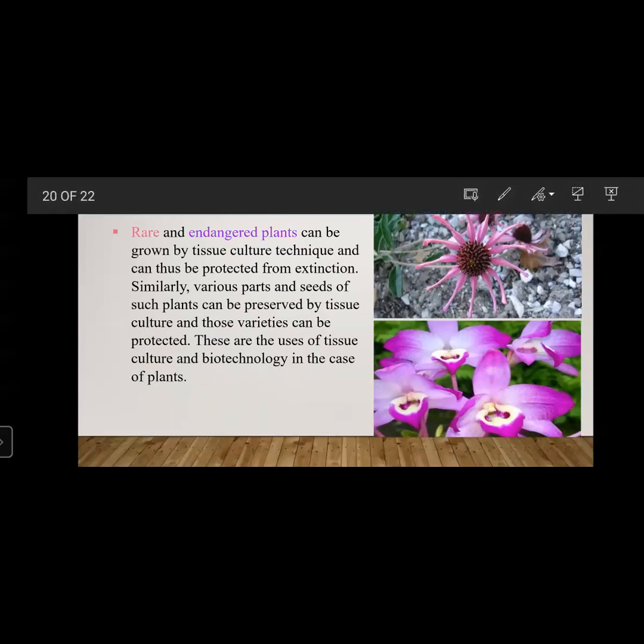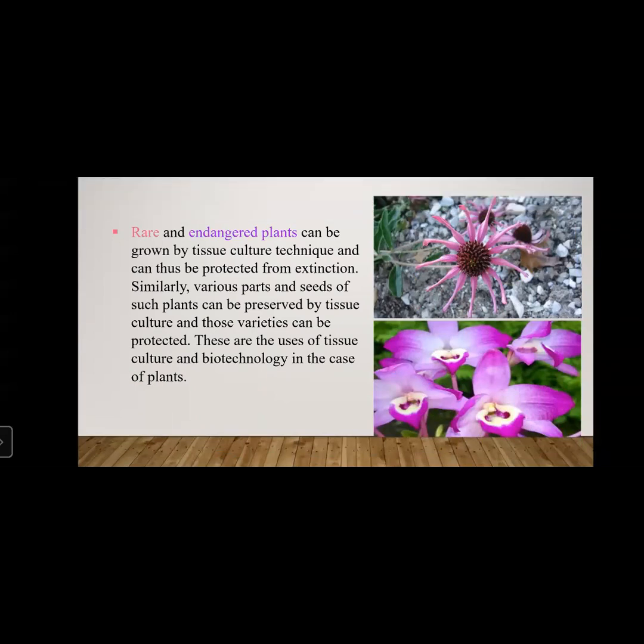So just quickly recap what we have learned today. We have studied about a new branch of biology, that is biotechnology, in which we use a part of an organism or the entire organism for well-being of human beings. Okay, they can be used for production of vaccines or for modification of the crop plants.